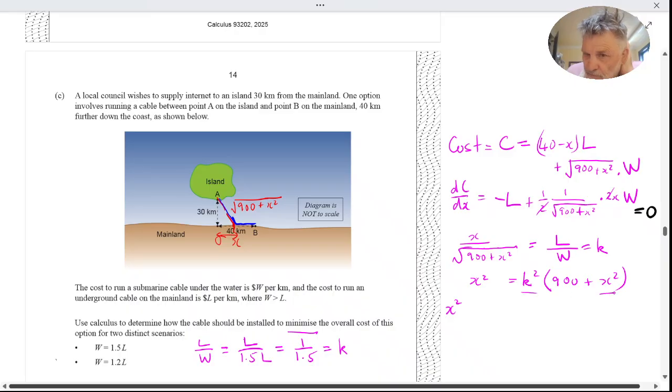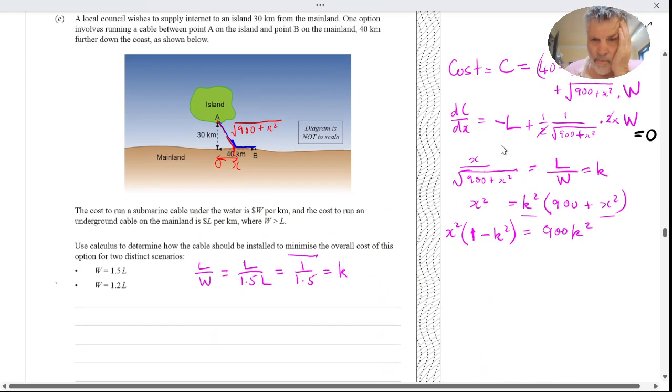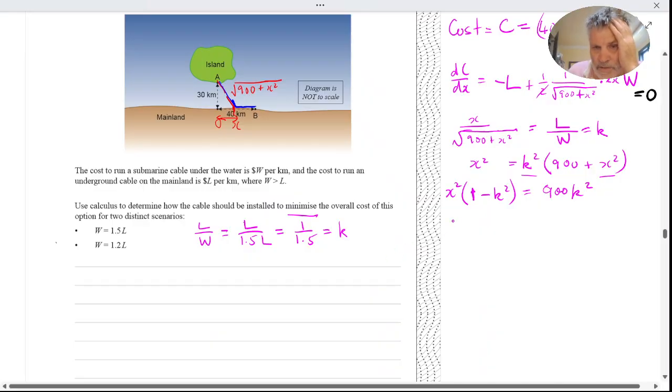If I take off the k squared x squared term, we're going to get x squared over here, and then 1 minus k squared is equal to 900 k squared. So we get x squared equals, well, we can do x actually. x equals, we're shifting all this over, and we're taking a square root.